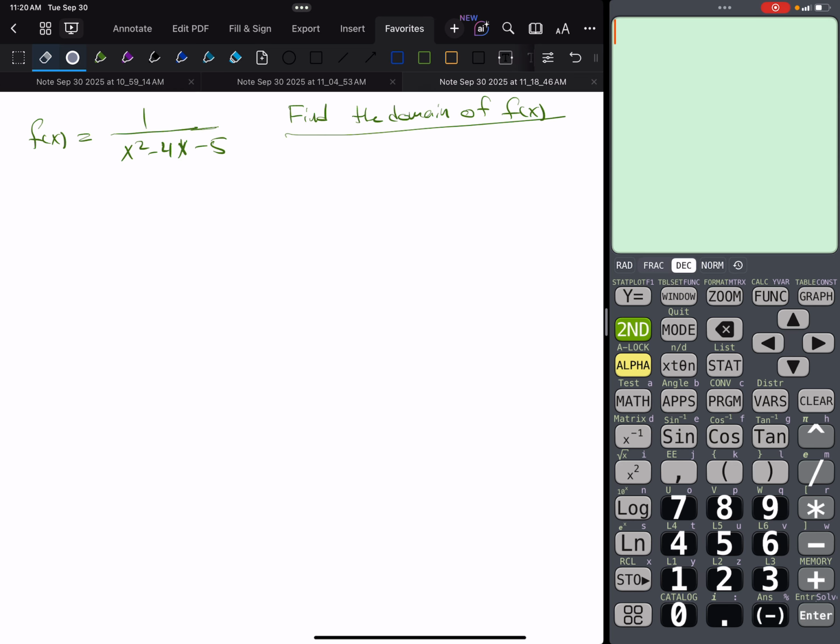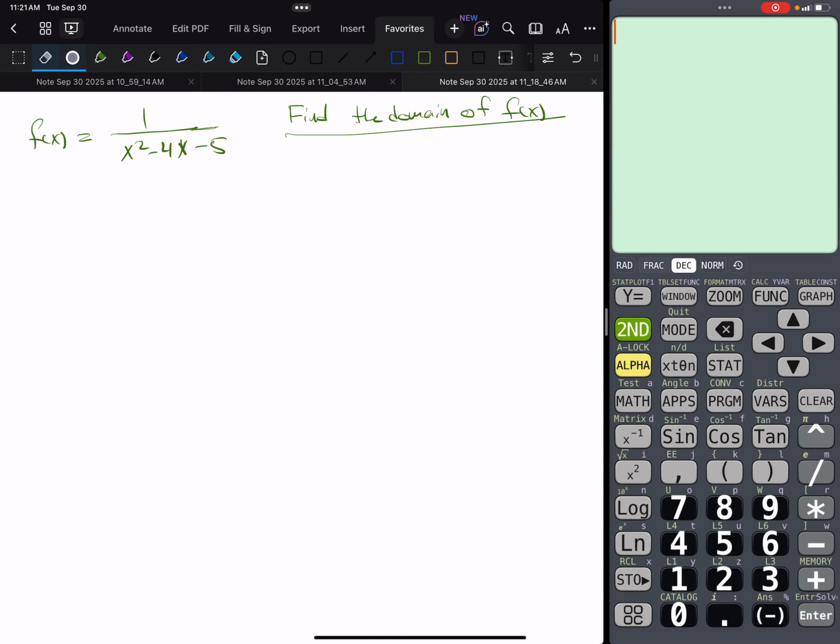We do have to worry about divide by zero errors here, or divide by zero undefined values here. And so what I need to do is find all of the places where an x value would cause me to divide by zero. Well, the simple way to do that is to take the denominator of my fraction here.